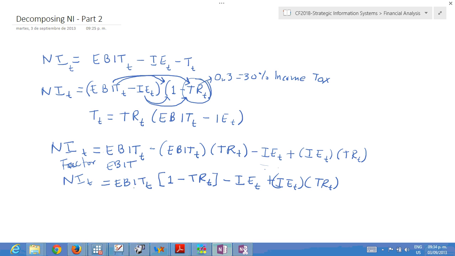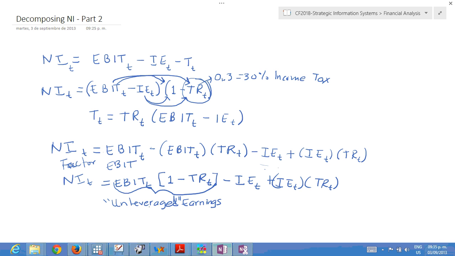Then this is what is very interesting. This amount, what is here, we can call the unleveraged earnings. Why unleveraged? When you talk about financial leverage, you are considering how you use a loan to invest more in your company.